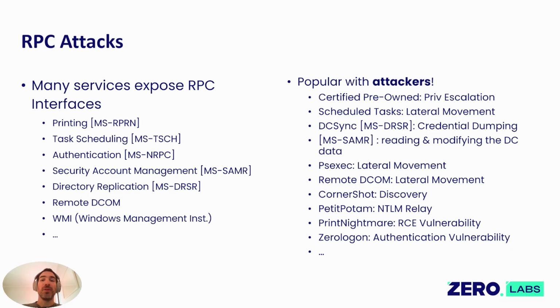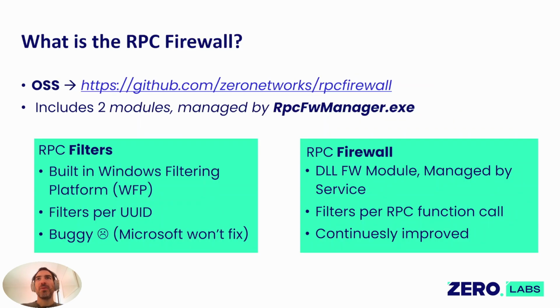So obviously, we would want to have a method that protects us against these types of attacks. And this is what the RPC firewall is for. Now, the RPC firewall wasn't the first RPC firewall. Actually, Microsoft already has a built-in mechanism using RPC filters that can help you block specific RPC calls.